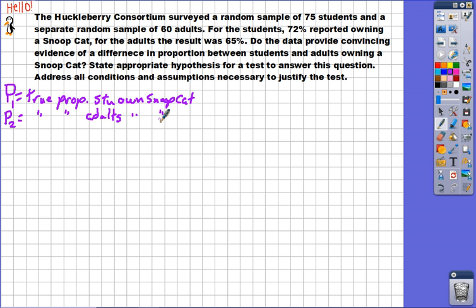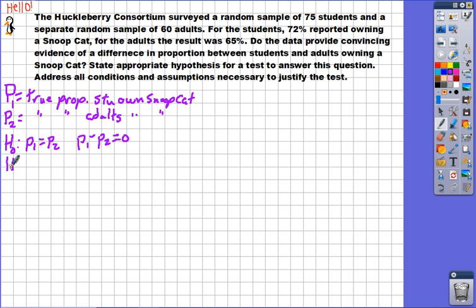Okay, so what are our hypotheses going to be? Well, what we're checking is if there's a difference. So our null hypothesis is the assumption that there is no difference. So P1 is equal to P2, that they're the same essentially. Another way of writing that you might see would be P1 minus P2 is equal to 0, meaning the difference, they're the same number, subtracted they get 0.